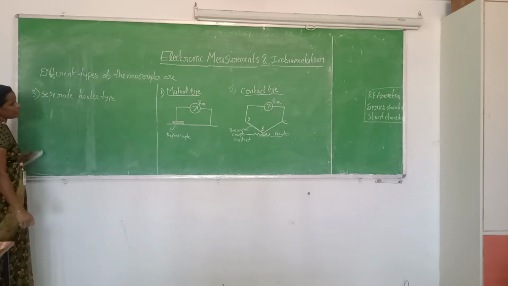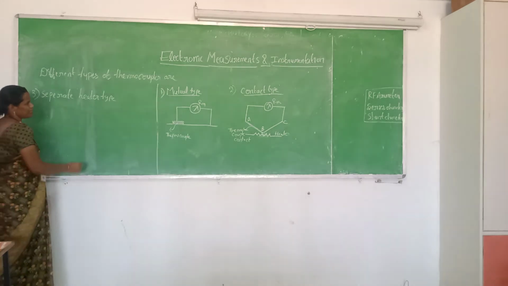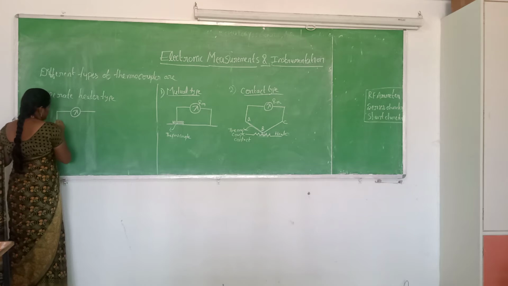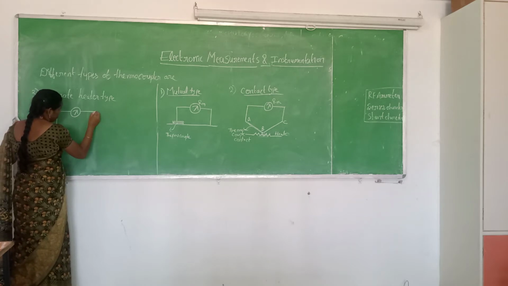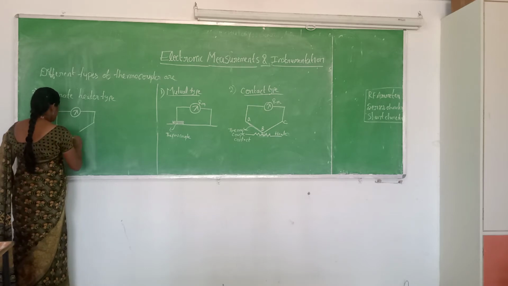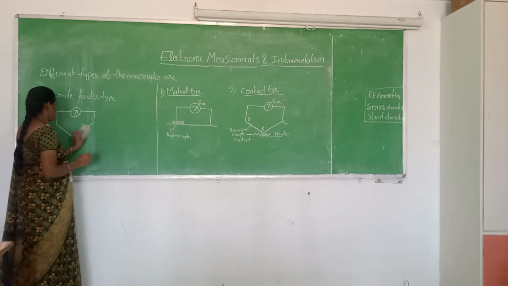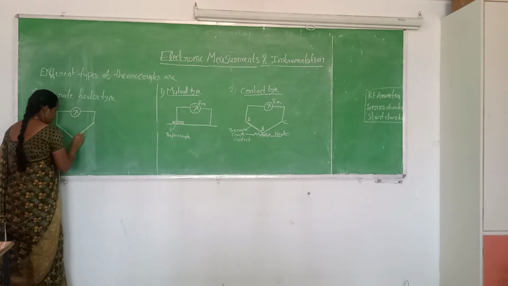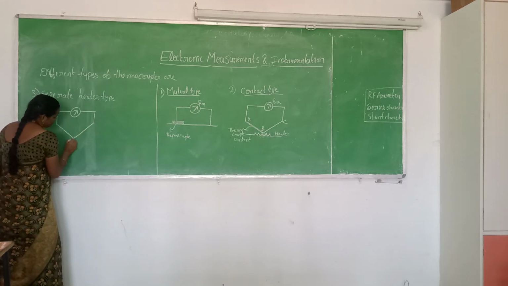So in the separate heater type, we are using a glass bead. So this is the glass bead. And here we are placing the resistor and the heater.